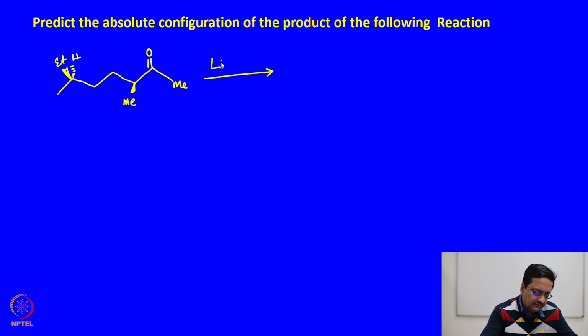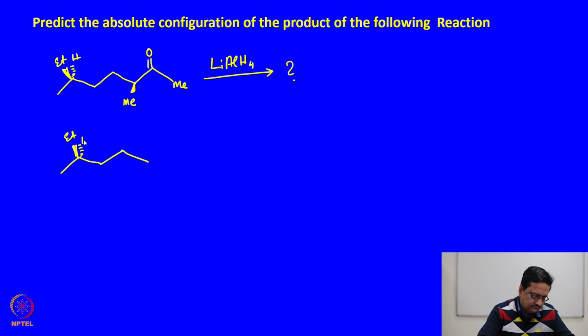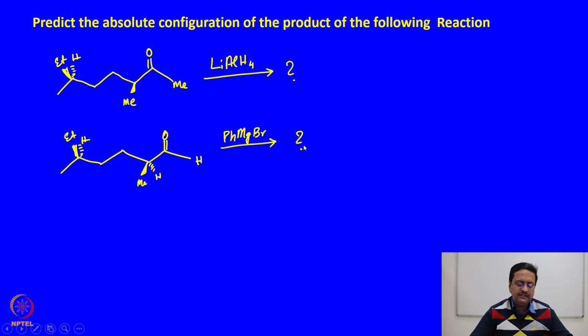If this is treated with aluminum hydride, what will be the product or which will be the major product of this reaction, and in this reaction what will be the product of this reaction.